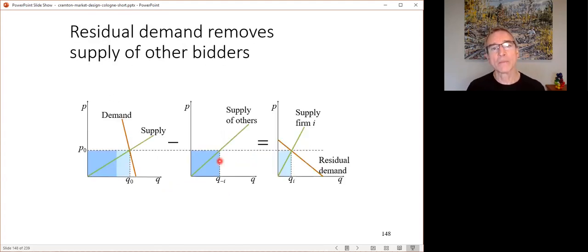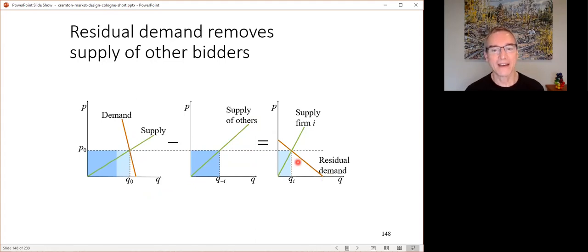Okay, well, the first thing that you want to do when you're thinking about bidding as a supplier is looking at your residual demand curve. And you do that by just taking the aggregate demand and subtracting the supply of the others to get the residual demand.